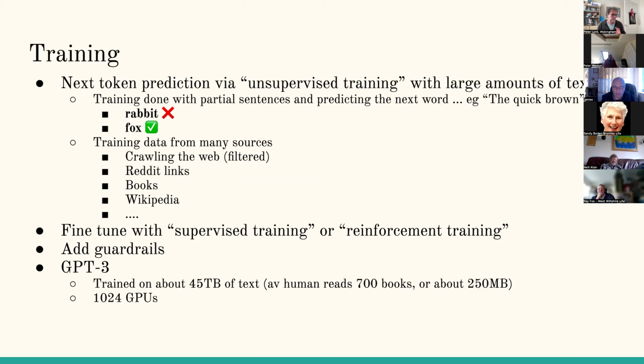Now, the thing is, when you're both training and running artificial neural networks, you need to do those simple sums, but you need to do an awful lot of them in parallel, and GPUs are pretty good at doing that. So in this case, GPT-3 was trained on 1,024 GPUs, which is, we're talking about a data center here.